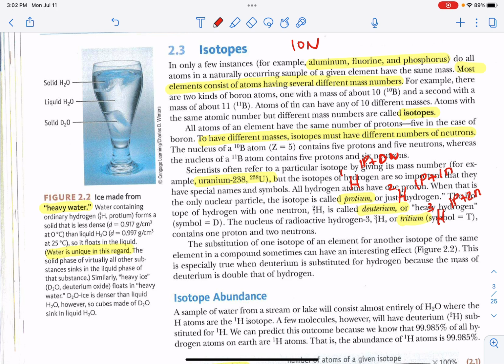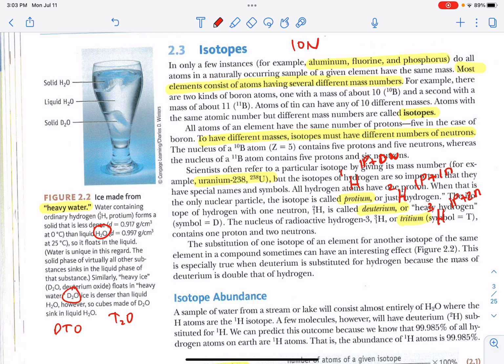And of course, you can make compounds out of these different isotopes. You can have H2O, obviously that's the most common by far and away, but you can also have D2O, and you can even have T2O for tritium. And even that, you can have DTO, for example, where you have 1 deuterium hydrogen, 1 tritium hydrogen, and then, of course, your oxygen.